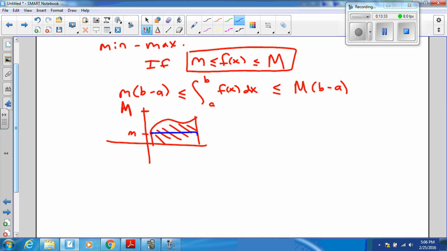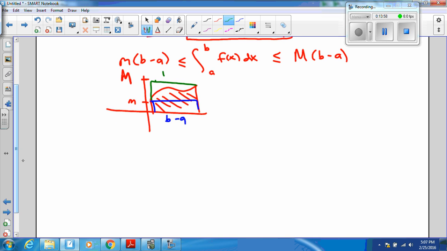But for little m, I get the net signed area right here, which is going to be the value of m times b minus a. And for the big M up here, I'm going to get the area of that rectangle, which is again going to be big M times b minus a. And so the area of f of x has to be trapped between those two values.